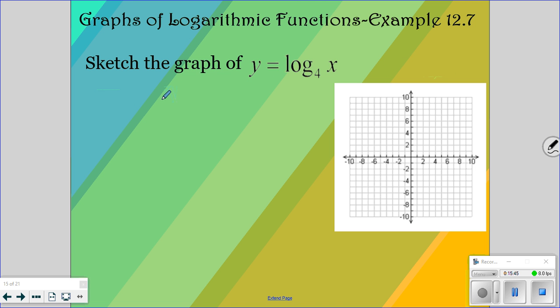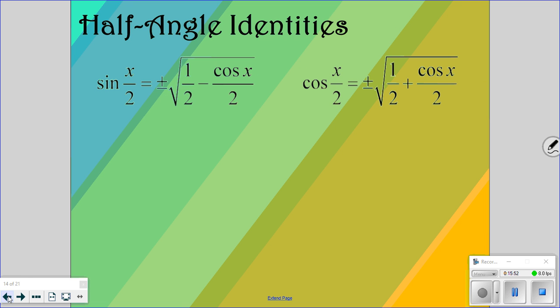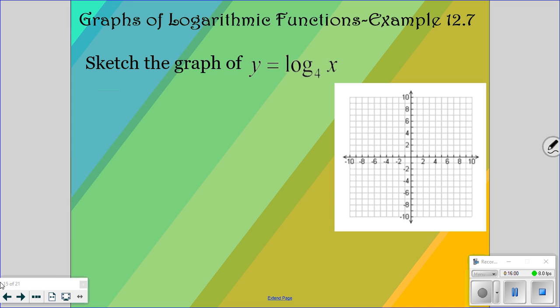Okay, so now we're going to look at sketching the graph of y equals log base 4 of x. So we don't know if we plug in a 1 here, log base 4 of 1, and our calculator can't tell us.